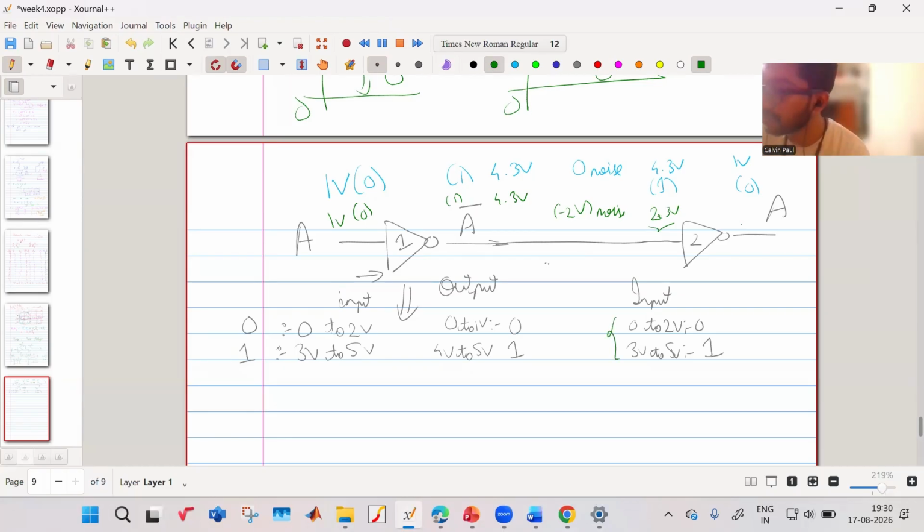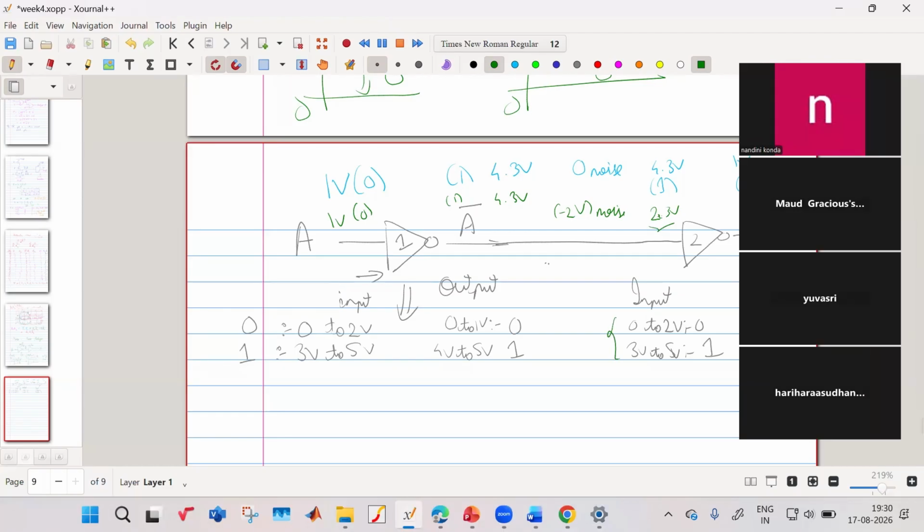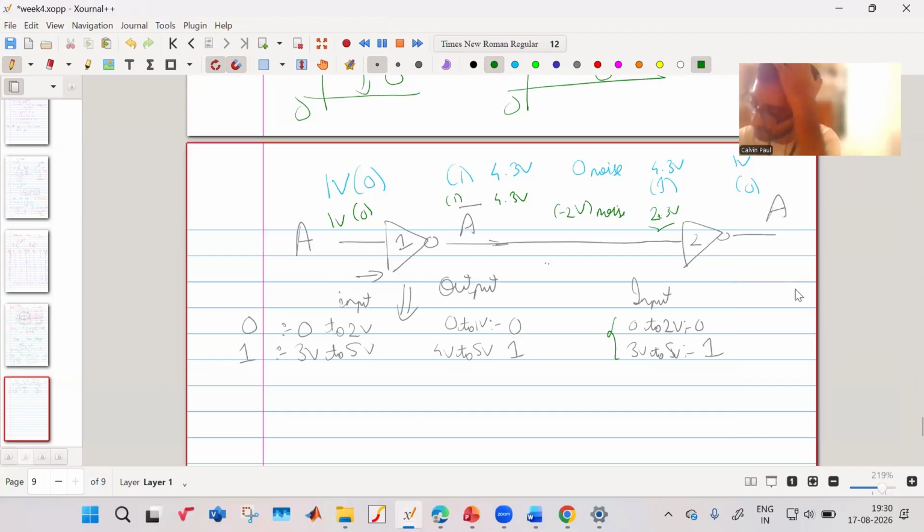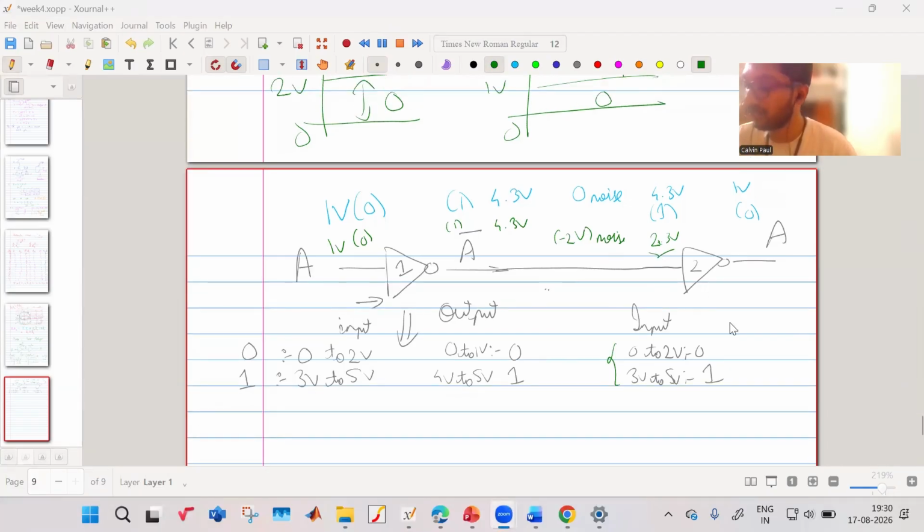It's undefined, right? So that will cause your circuit to malfunction, in which case your output is undefined. So that is what is known as the effect of noise.